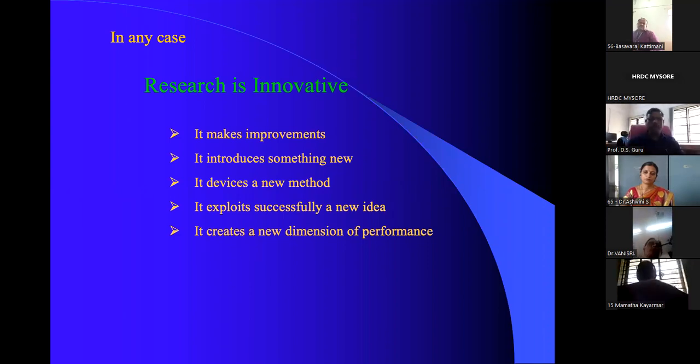So it could even be a process of exploiting successfully. Not necessarily a new idea, it could even be something which is old but is used today for betterment, exploiting successfully some idea. All in all, because of my research, it must have created a new dimension of performance.